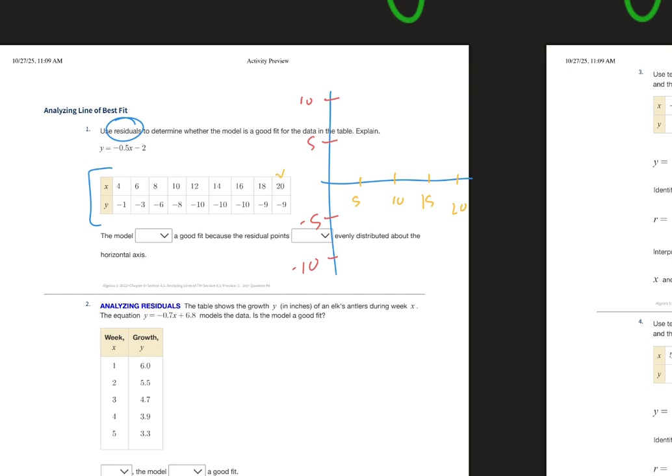All right, so at 4, negative 1, not bad. 6, negative 3; 8, negative 6; 10, negative 10; 14, negative 10; 16, negative 10; 18, negative 9; and 20, negative 9.